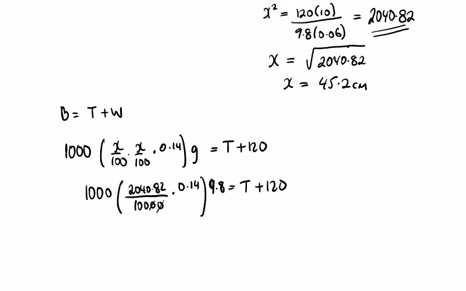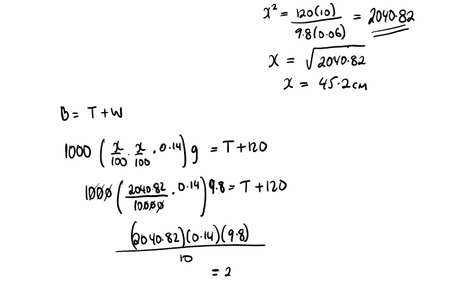Simplify this down and put it into our calculators. 3 and 3 zeros. Okay, so we'll leave it like that. So we're typing into our calculator 2040.82 times 0.14 times 9.8 divided by 10, which gives me a nice even number of 280.000504.